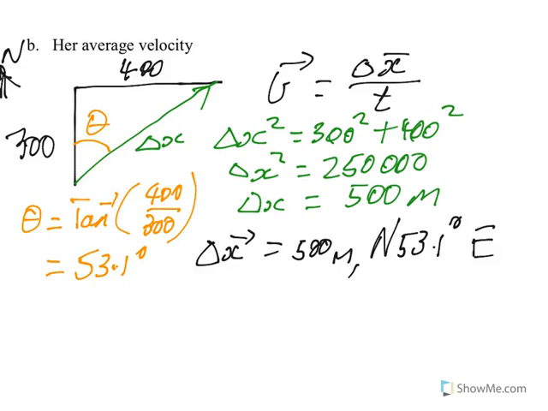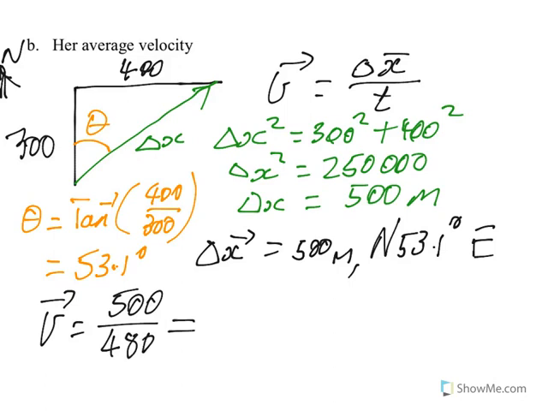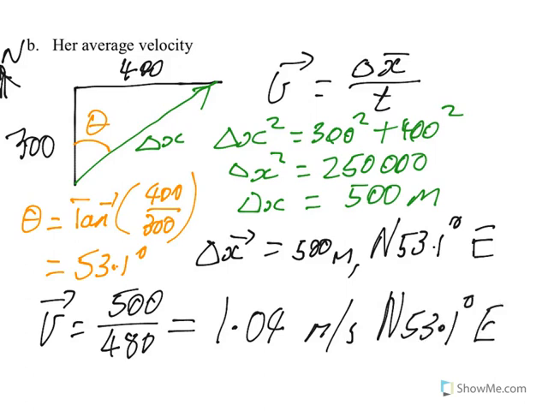We were asked about the average velocity, so displacement over time. Our average velocity would be the displacement 500 over the time 480. That's the size part. When you do that on your calculator, it's 1.04 metres per second. And the direction, of course, is north, 53.1 degrees towards the east.